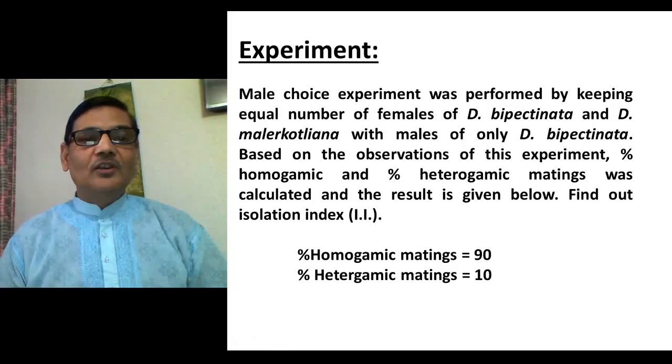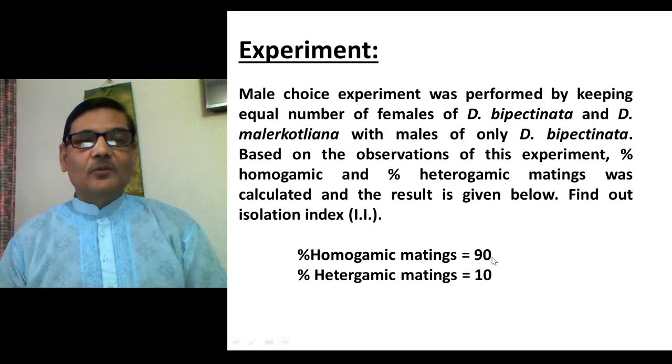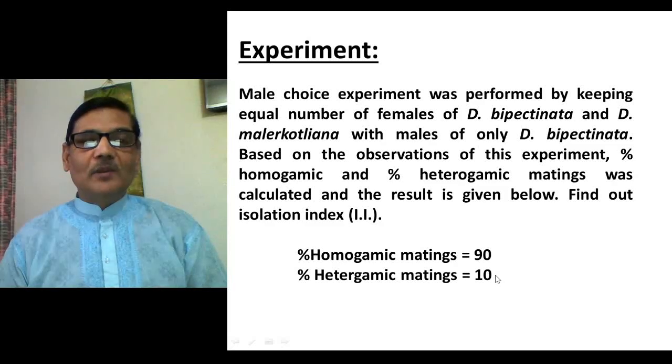So accordingly you can know that it is a heterogamic mating, and definitely we observe fewer heterogamic matings than homogamic matings. Drosophila bipectinata males prefer to mate with their own type of females, so naturally homogamic matings will be comparatively much higher than heterogamic matings.